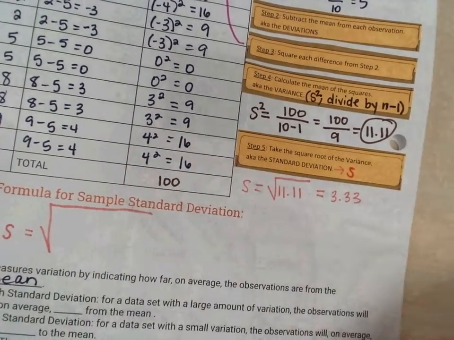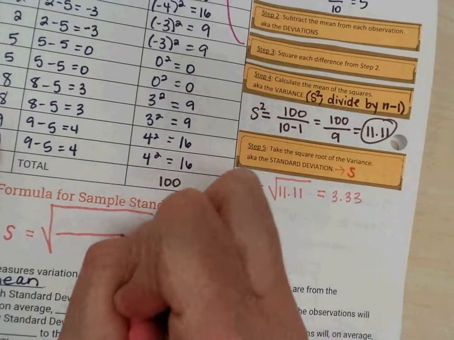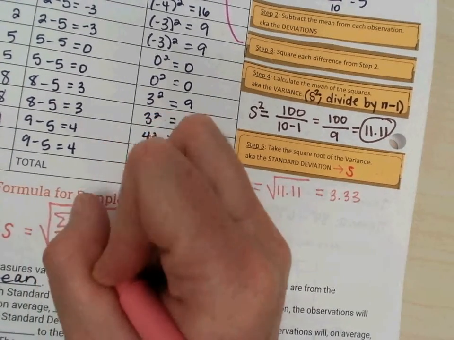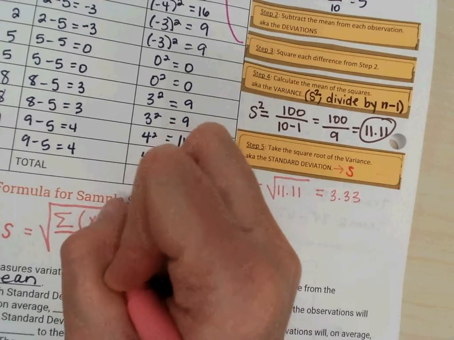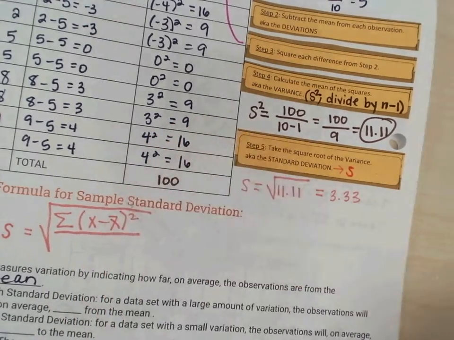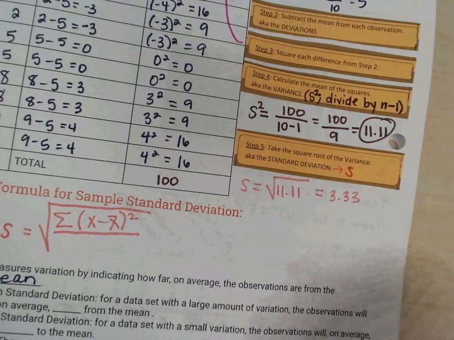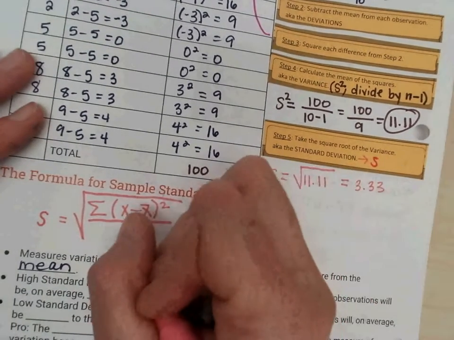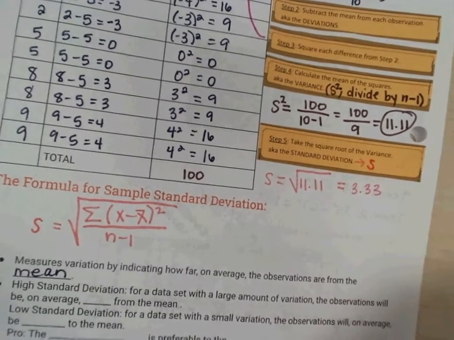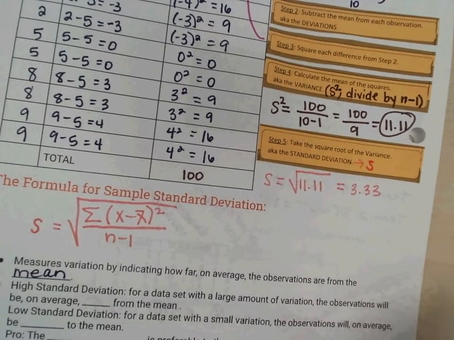Lowercase s equals, we wrote this formula on the board earlier, the square root of the whole thing all in one, the sum of all of the x minus x bars squared, all of the deviations squared, divided by n minus 1. That's it. That's the formula.